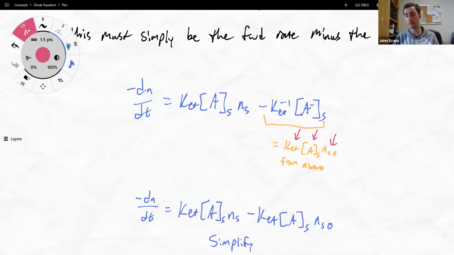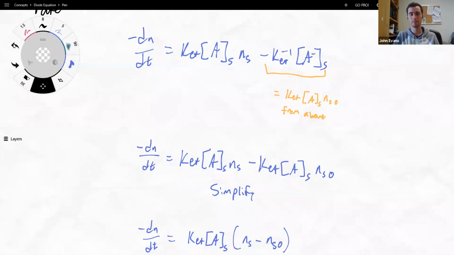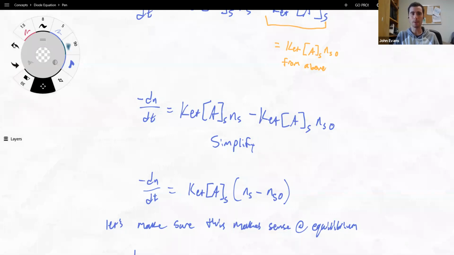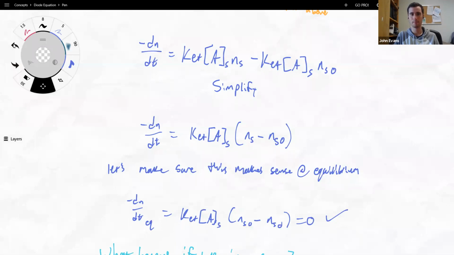multiplied by the equilibrium concentration of electrons. So we're going to do that. We're going to substitute that in. And that will give us this expression here where we have KET and KET. We have A and A. So we're going to combine all of that down here.